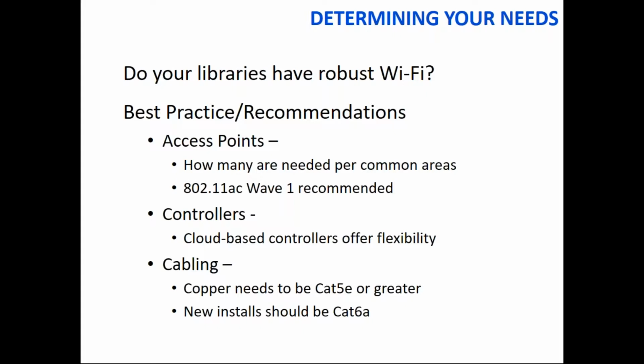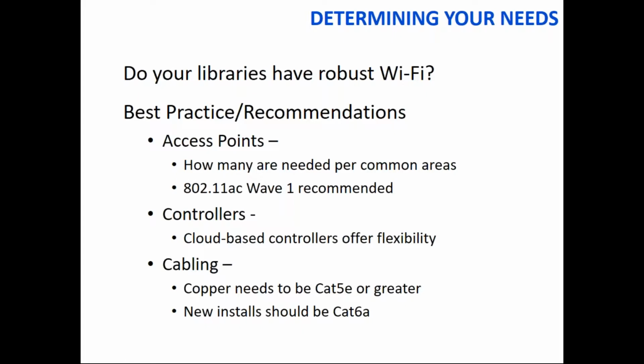When you look at the number of patrons that you serve, devices that you provide on site, patrons bringing their devices in, do you have adequate Wi-Fi? So, start looking at access points. How many are needed in the common areas? Remember also with Category 2, within that library, there's also the offices. Those areas would qualify for the Category 2 if you're using anything within those 4 walls.